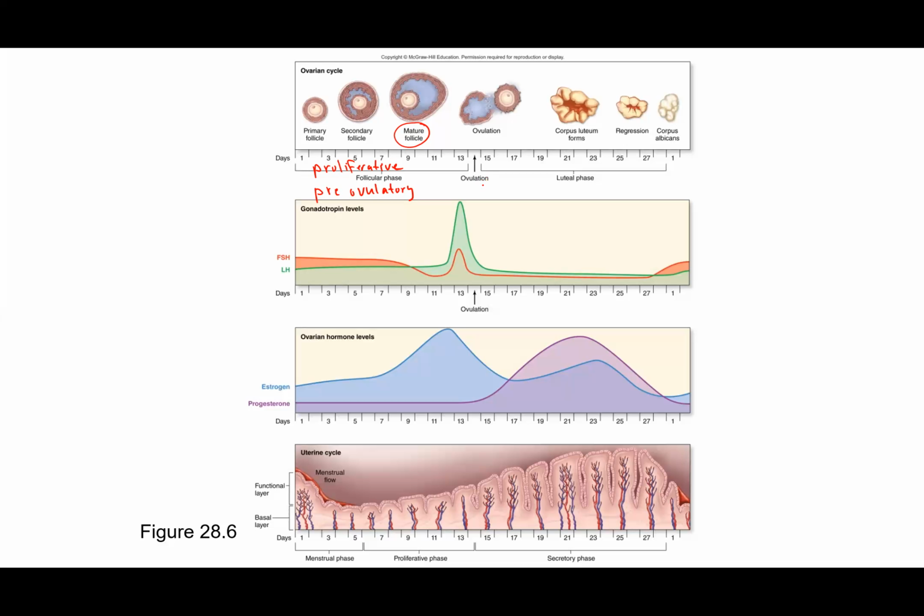All right, around day 14, the egg is released, so that's ovulation. And then day 14, 15 to day 28, that is the luteal phase. Okay, which is considered the later phase of the cycle.